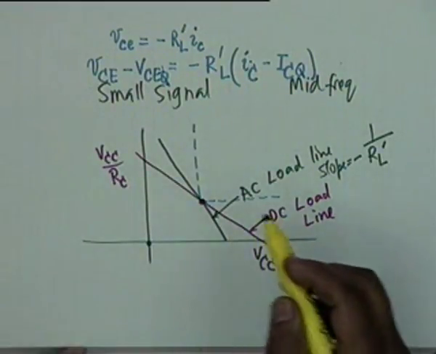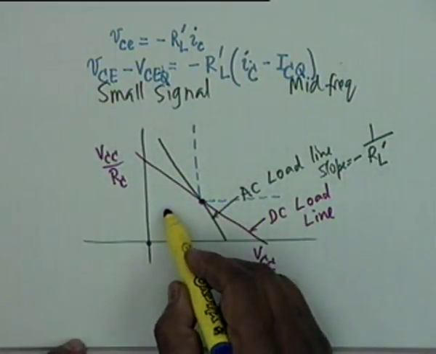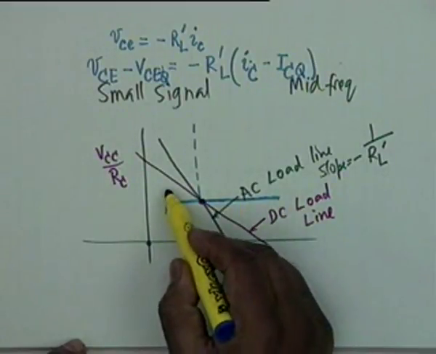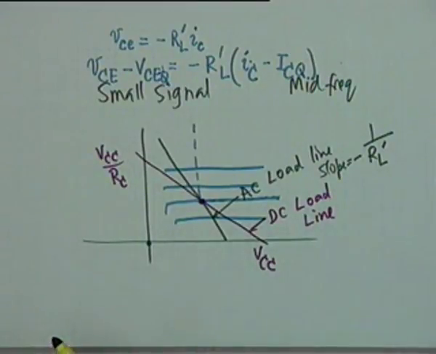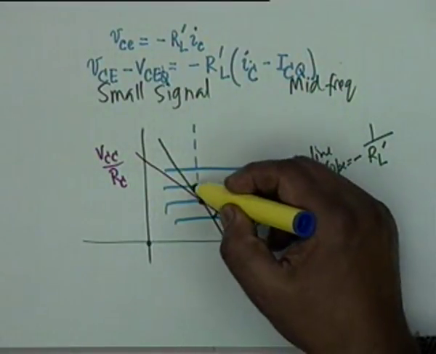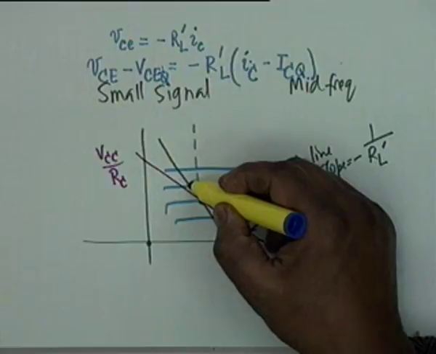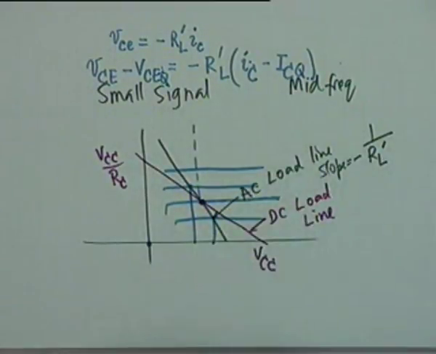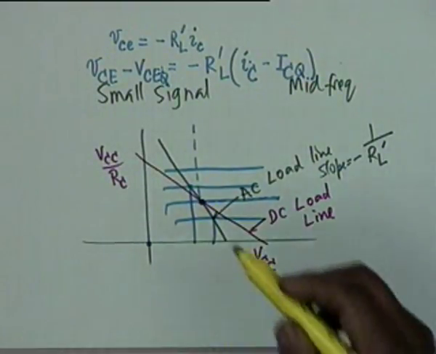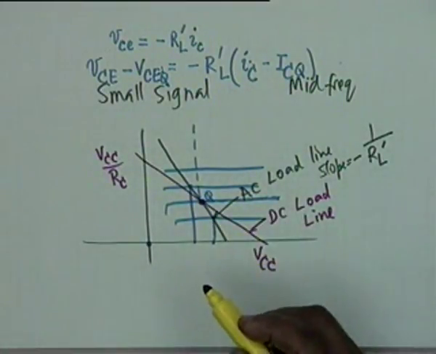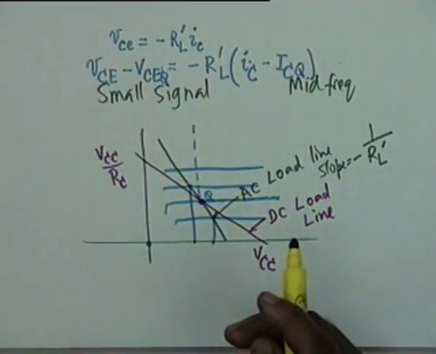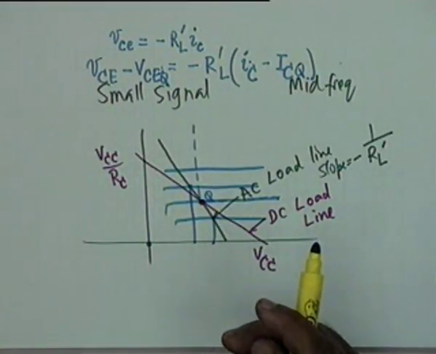Okay. You also know that the characteristics are like this. They are almost parallel lines, and if our operation is, let's say, limited between this point and this point, then the total excursion around the Q point is small enough to consider the device operation as perfectly linear.